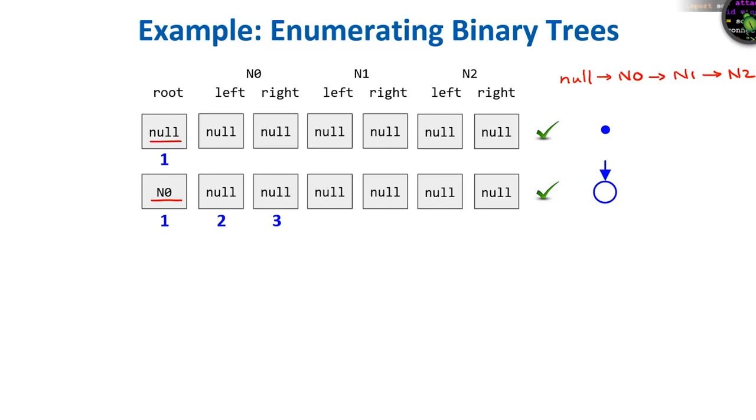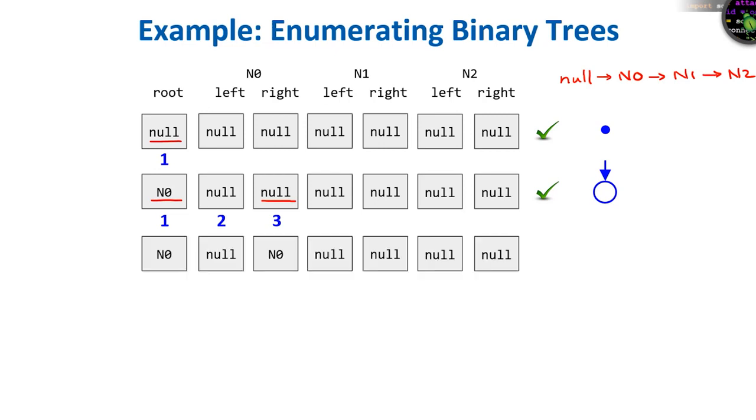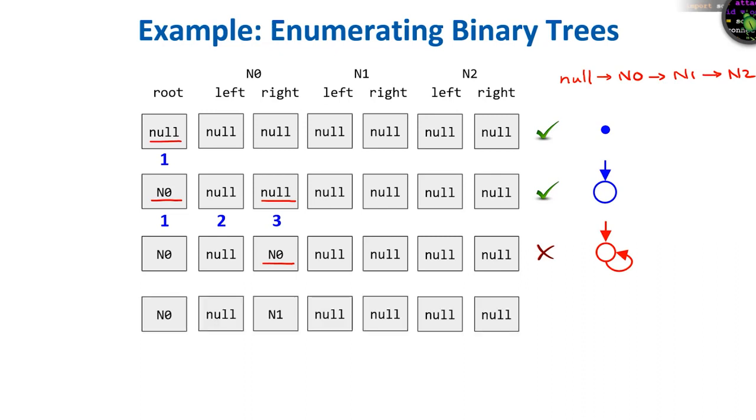Now, since n0.right is the last field checked by rep_ok, we expand the n0.right field. This will result in n0.right changing from null to n0. But this shape contains a cycle, so it will fail the invariant check for a binary tree object. Therefore, we discard this shape and expand n0.right again, assigning to it the next node in our order, which is n1.